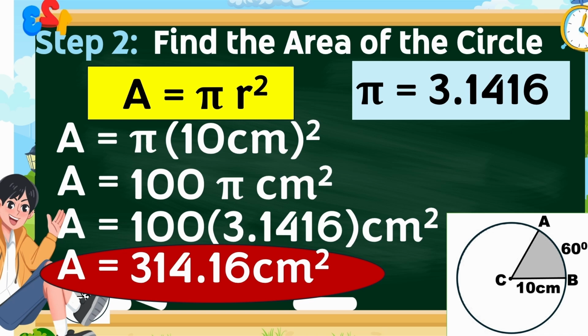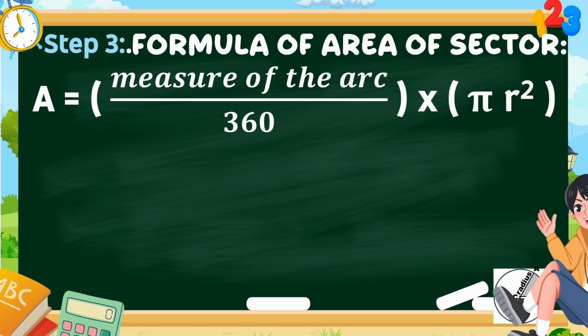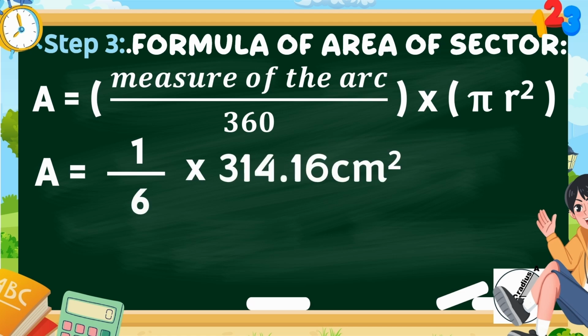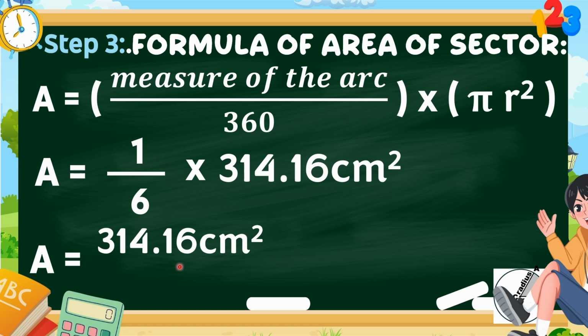And for the third step, we're going to apply the formula of the area of the sector. We multiply the first step and the second step. So we have now 1 over 6 times again the area of the circle, 314.16 square centimeters. Then we multiply 1 times 314.16. The answer is 314.16 square centimeters divided by the denominator 6.